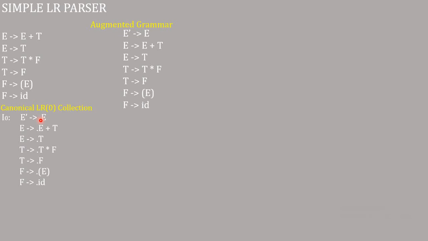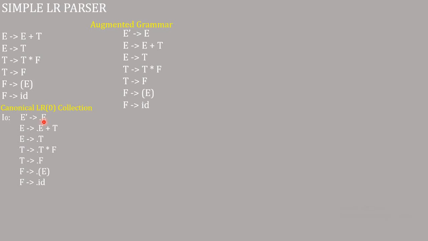The meaning of this dot symbol is that what is before the dot has already been processed, and what is after the dot is yet to be processed. So to the left side of the dot, whatever you have has been already processed, and the right side of the dot is yet to be processed by the parser. Since we are starting, that's why it is E' tends to dot E.